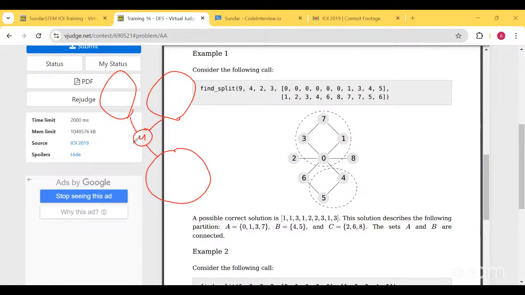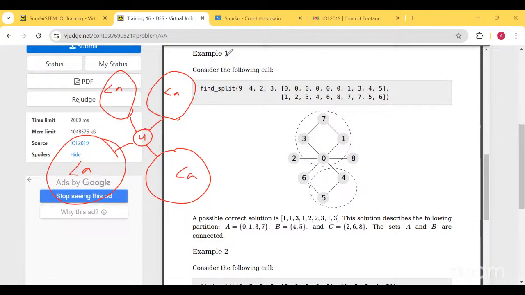If we remove U, then it becomes some components. What if the sizes of both components are less than a? So is this possible or not? Possible. Impossible.